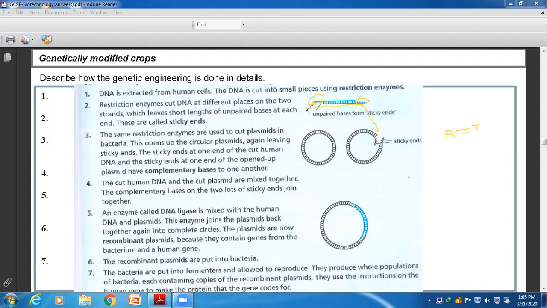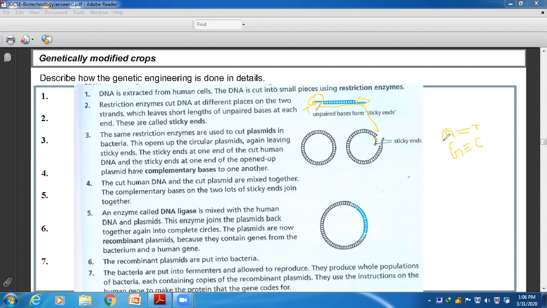T. So that A will make a bond with T, and like that other, G will form a triple hydrogen bond with C. Like guanine will form a triple hydrogen bond with cytosine. Yes, complementary. Yeah, there should be complementary.